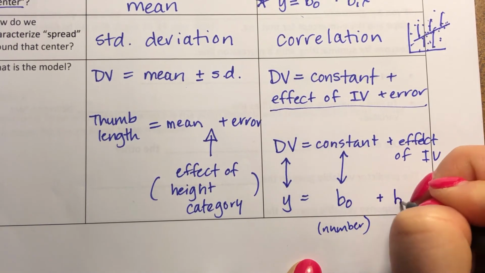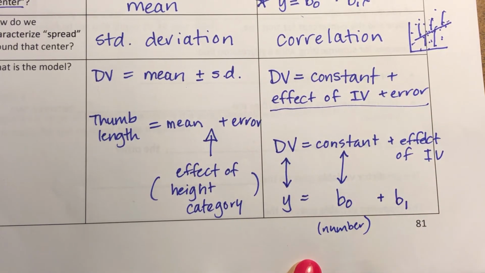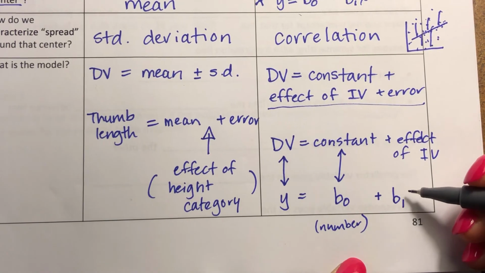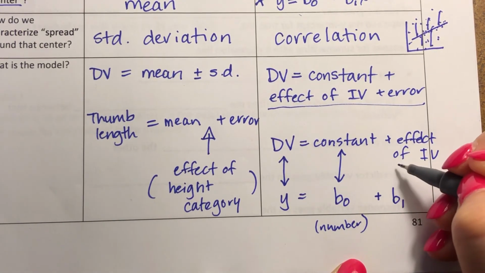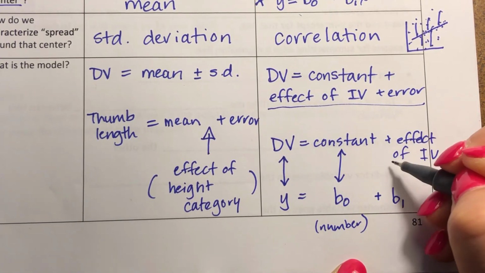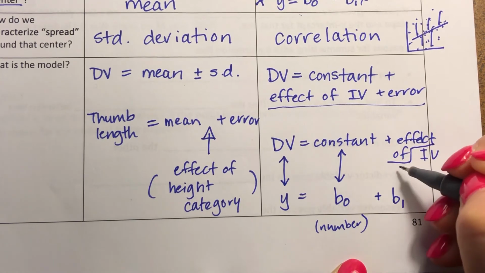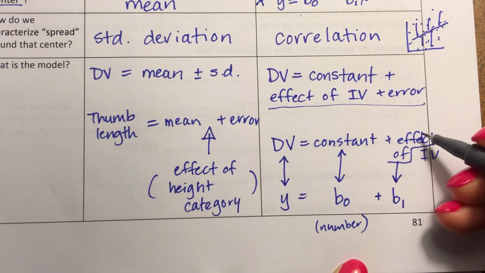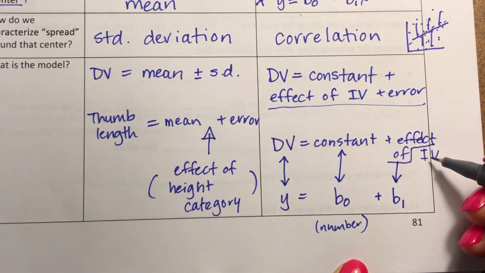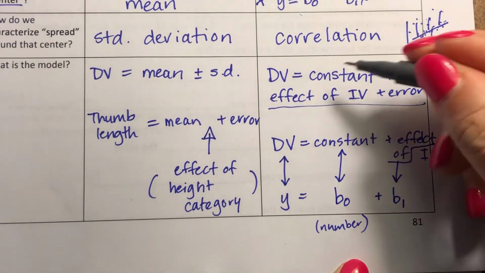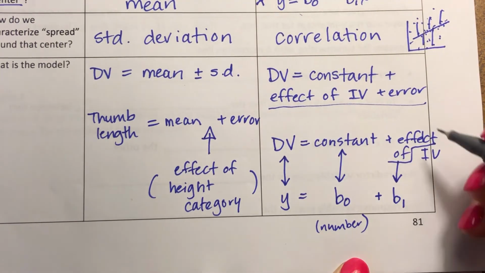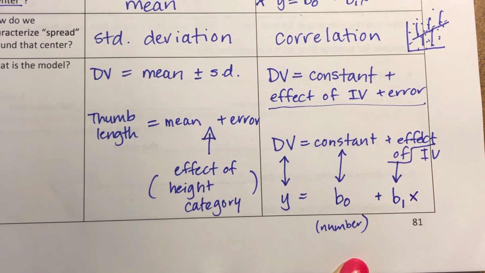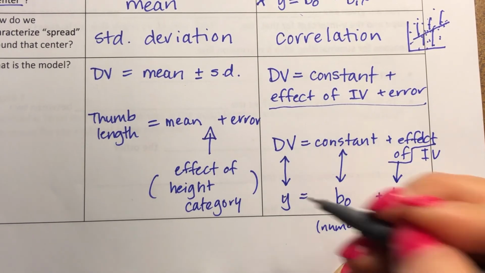Then we have plus b sub 1. This is going to be our slope, and this really is the effect of part. This slope represents what effect does the IV have on the DV, or what effect does x have on y.